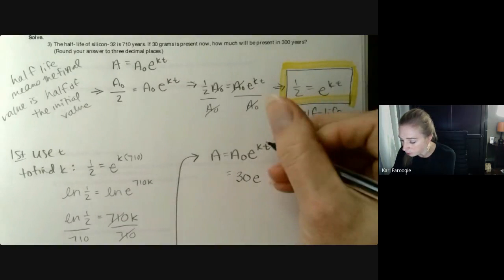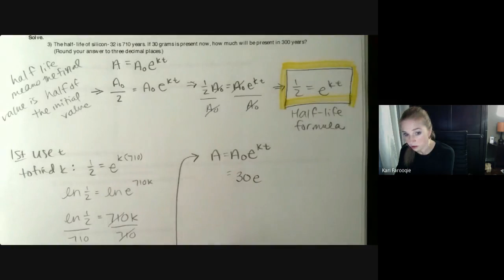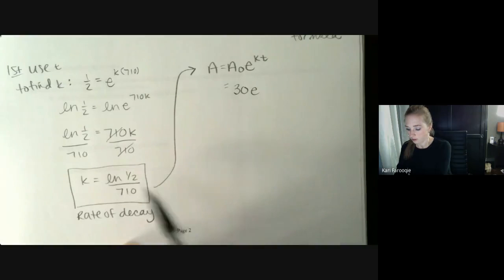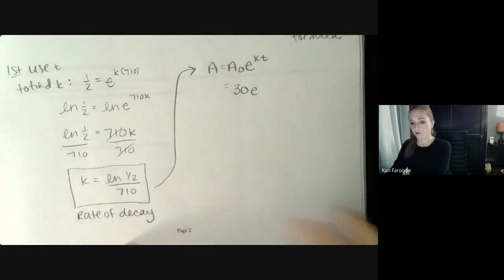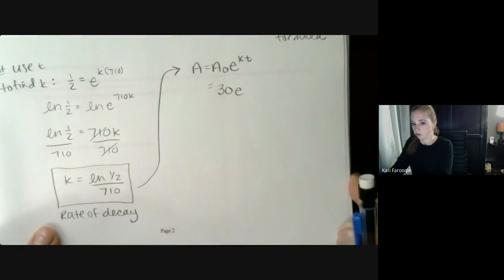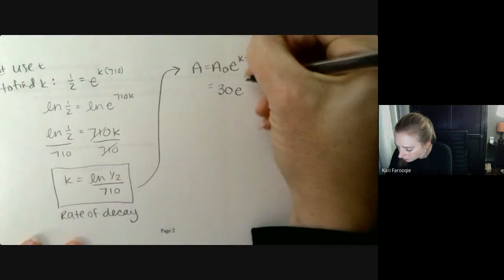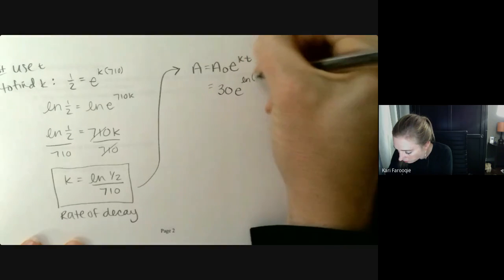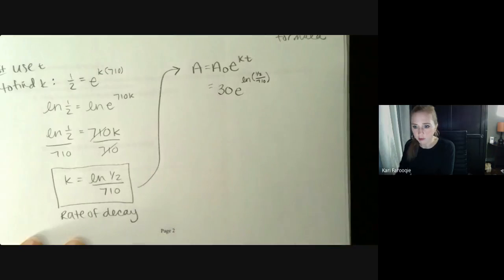Now, our value of k is going to be this special exact value that we found, the natural log of 1/2 divided by 7/10. So we'll leave that there. So e to the natural log of 1/2 divided by 7/10. You can simplify... oh, whoops.